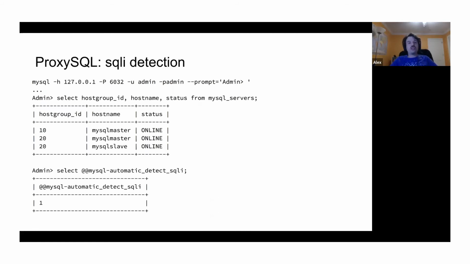Here's a quick example of how we can display some information and configure ProxySQL. I will not talk about how you configure routing, as there is lots of information on that, but again, we are interested in protecting MySQL and creating a firewall.